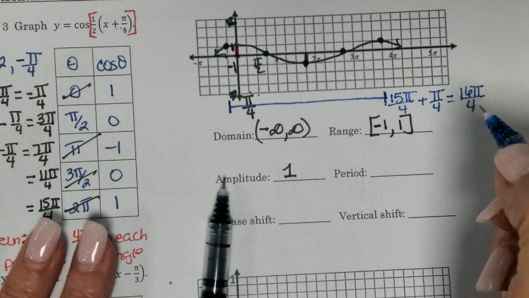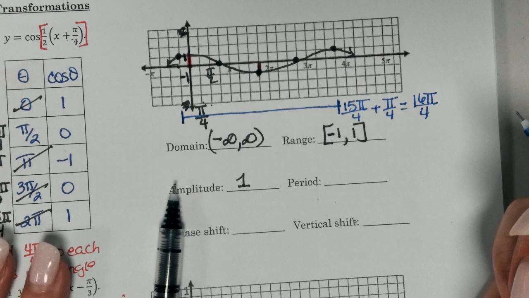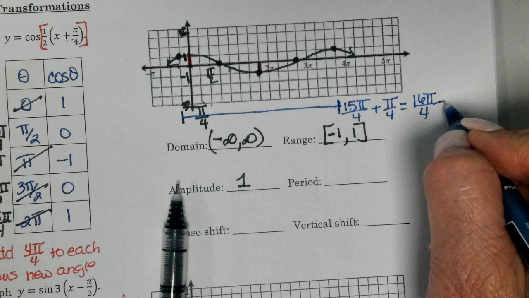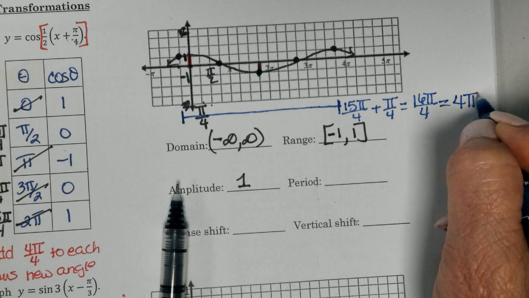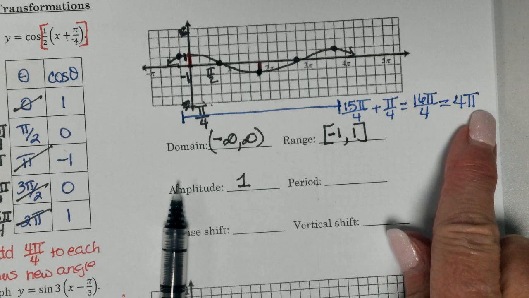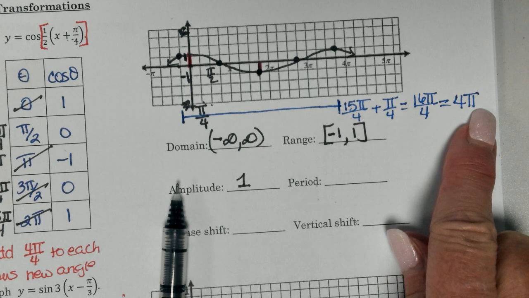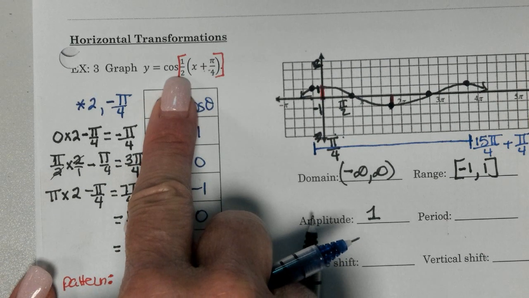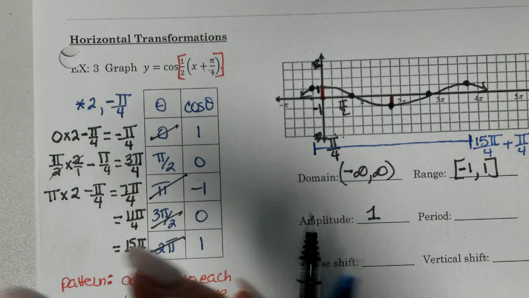That gives me a total of 16 pi over 4 units, which reduces down to 4 pi. So here's what I want you to note. This is double. Isn't that double the normal? What's the opposite of the 1/2? Is 2. It doubled. It stretched it.